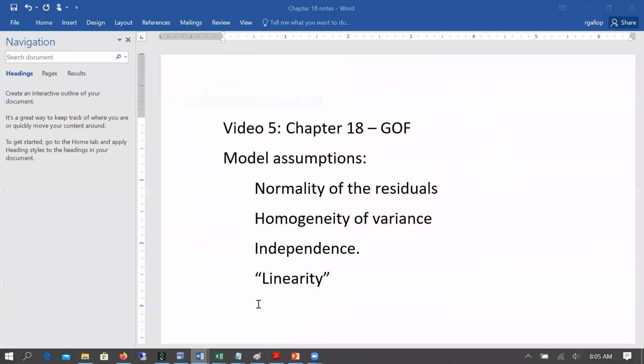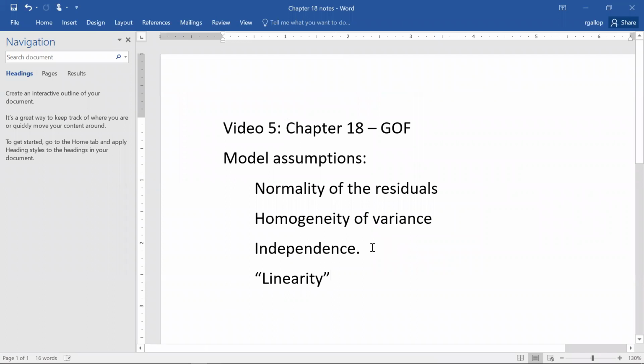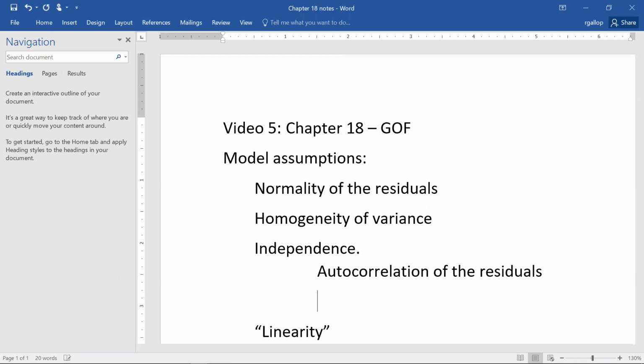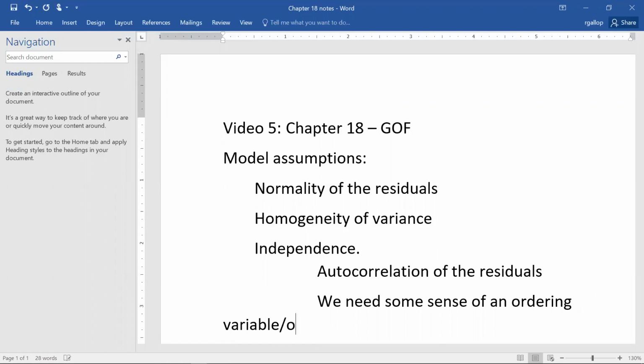Let me jump back to our notes. So the independence. We need some sense of an ordering variable or ordering pattern.